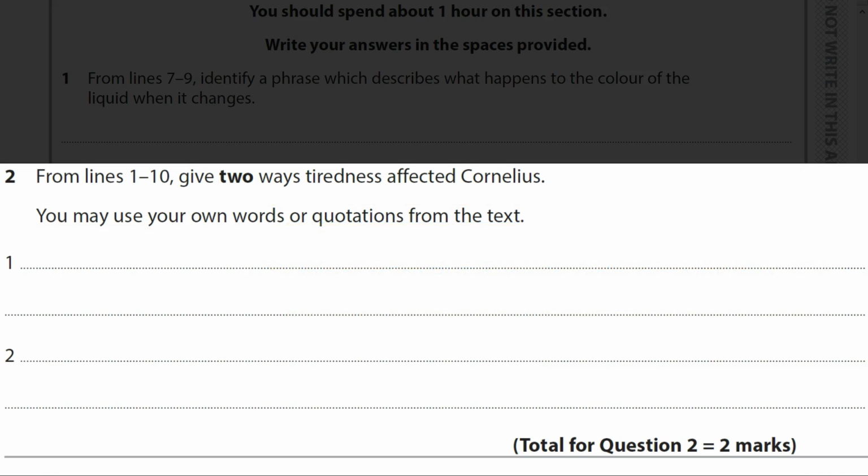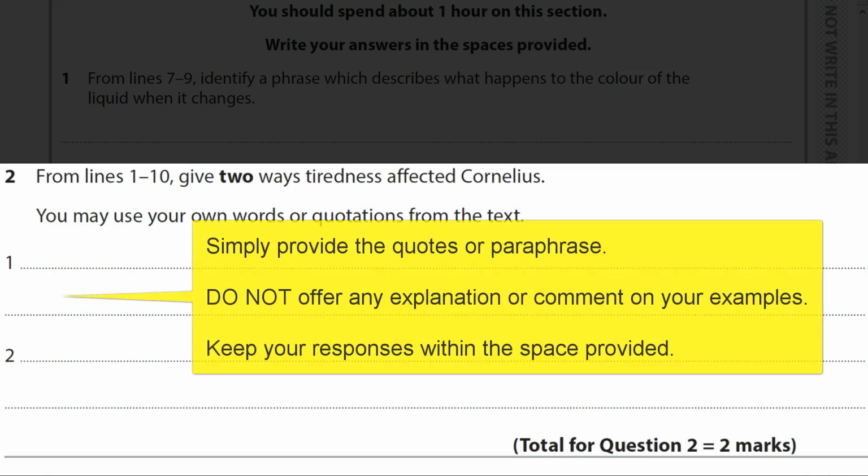Okay? And you can see again, they've restricted the amount of space you've got because they don't want you to explain. They're not asking you to explain how Cornelius is affected by tiredness. They're simply asking for evidence from the text. They're testing your scanning skills. They're asking you to scan for evidence related to a particular idea, which in this case is the idea of tiredness.